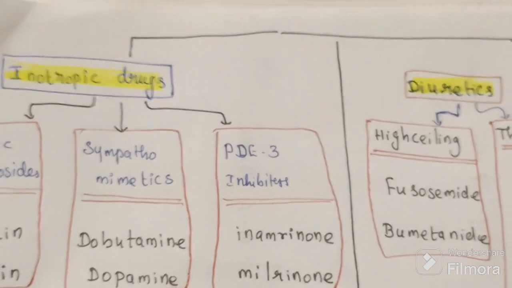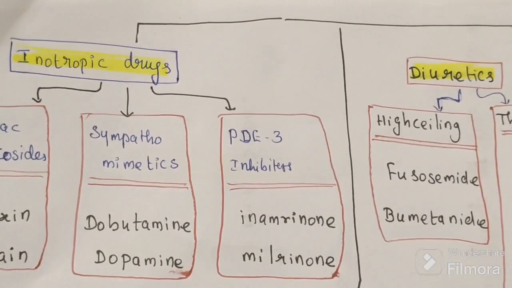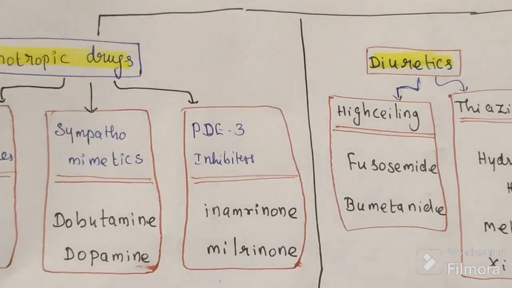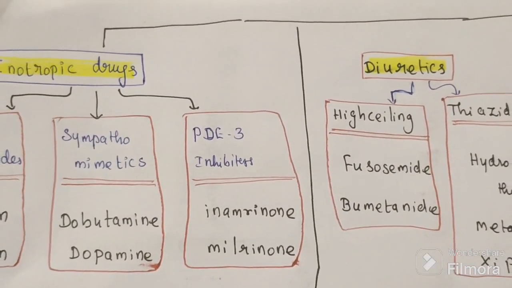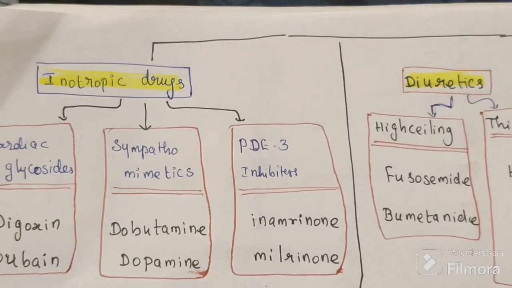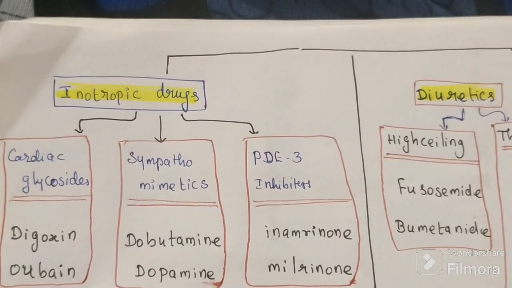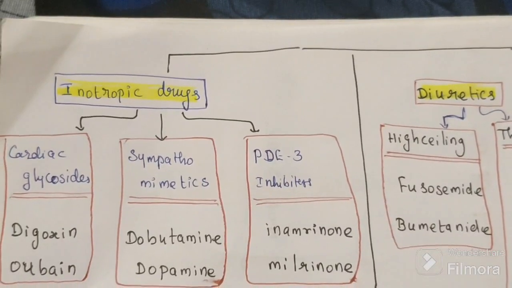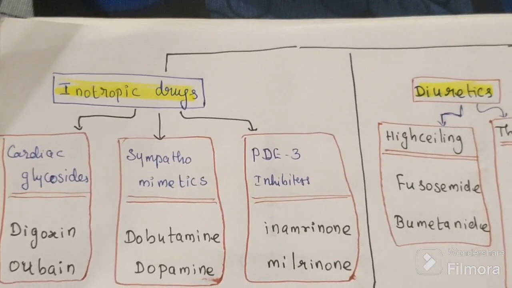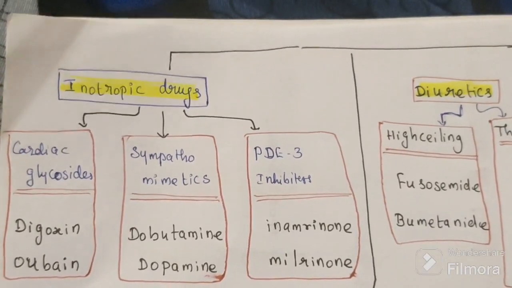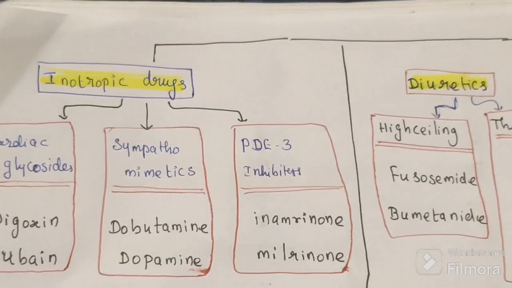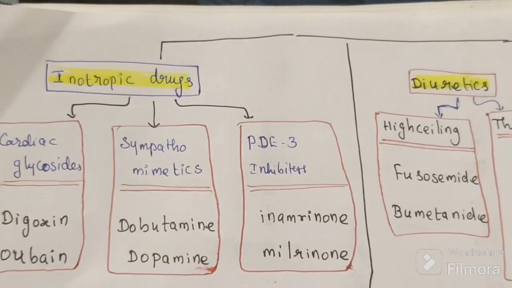So for drugs for heart failure, contractility is increased only for a little longer. The heart contractility is increased because of noradrenaline beta 1 stimulation. We can give inotropic drugs. Inotropic drugs will increase the contractility of the heart, and as long as we give them, the contractility will be more.